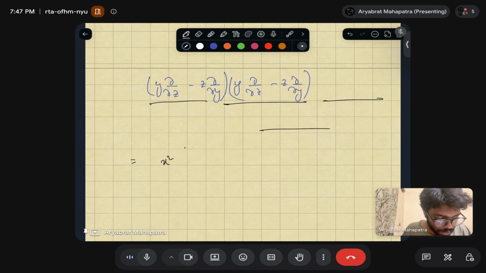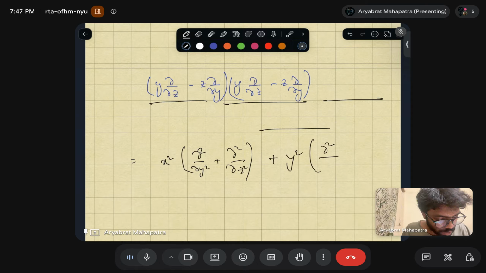Something like x square, del square del y square plus del square del z square. Then again you will have y square, del square, and I think del z square plus del square del x square, and then z square.